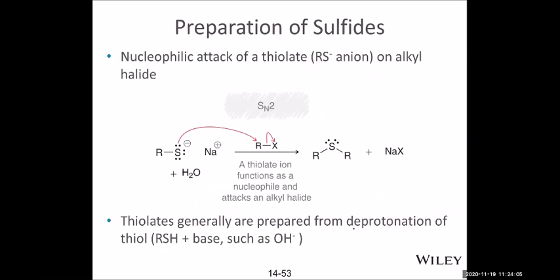The reaction forms from alkyl halides, using thiolate as a nucleophile. Again, this thiolate is very, very good. It's probably the best nucleophile, and the reaction is very easy, an SN2 reaction.